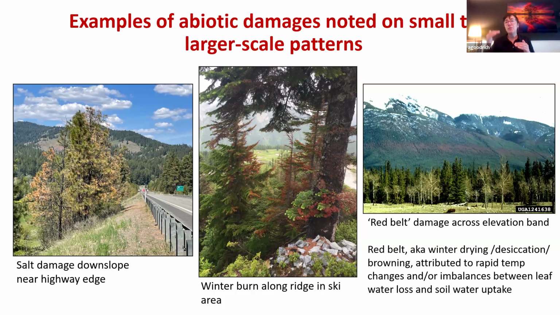If a temperature inversion drops right over that elevation band and warms it up enough, or some warm winds come in, the tree starts transpiring. The tree is going to be losing water, but it's not going to have enough water from the soil to replace it because the soils are frozen. And so when there's a temperature inversion that sits down in that area, we often see a band across a hillside.